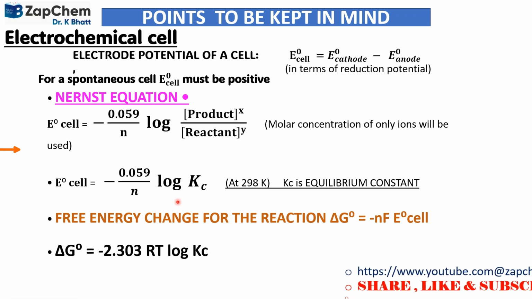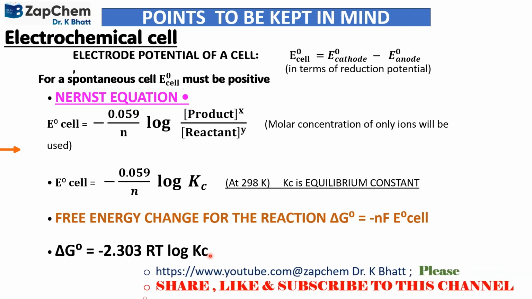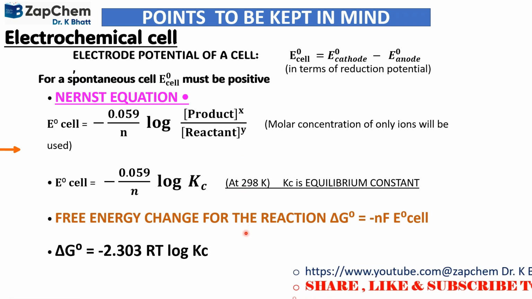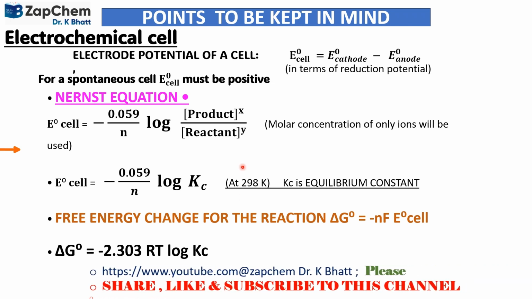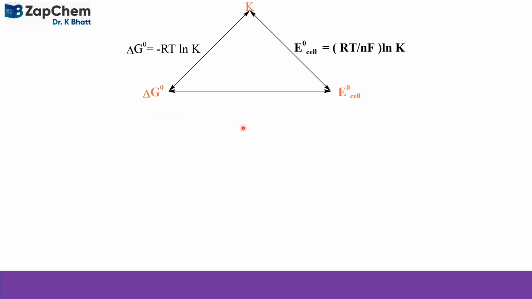Last time we have discussed it. And here is the relation which we have already learned just a little earlier. So these are the certain points we must keep in mind. It will make it convenient for us to solve several questions relating to electrode potential and delta G. If you summarize, you can put it in a triangular form showing how delta G naught, E naught cell, and the equilibrium constant are related.